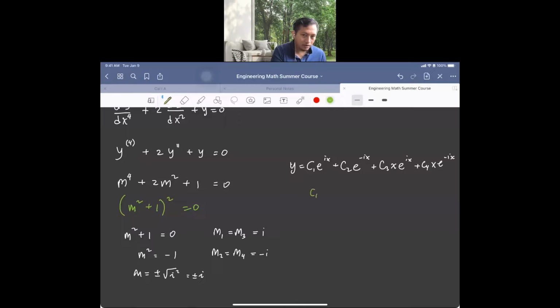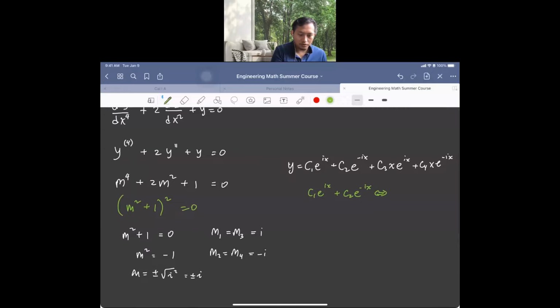Now we can write the grouping. Okay, so we can write the C1 e^(ix) plus C2 e^(-ix). We can write this as C1 cosine x plus C2 sine x from the Euler formula. And the C1 is a different constant. We relabeled it with a new constant.